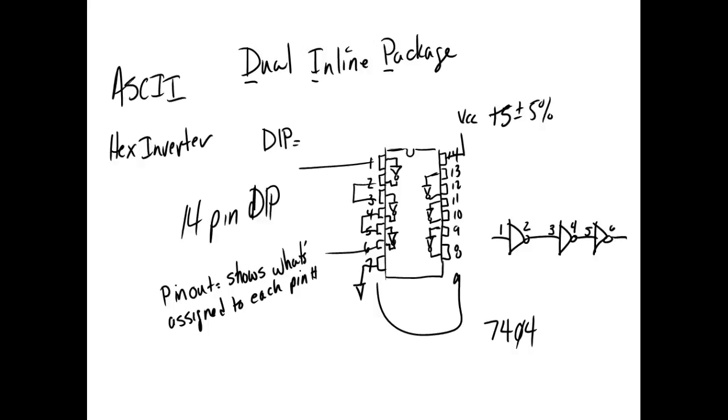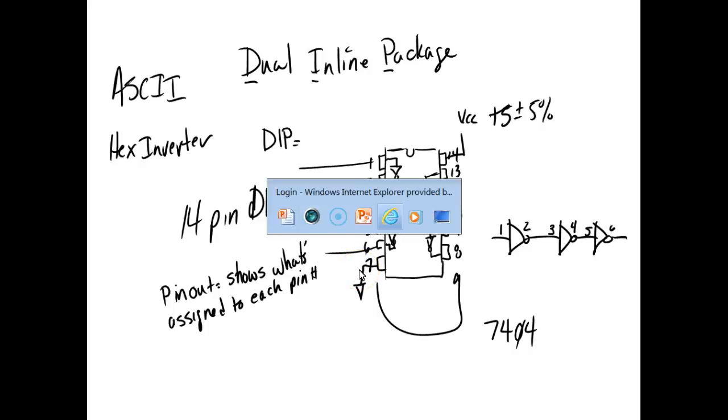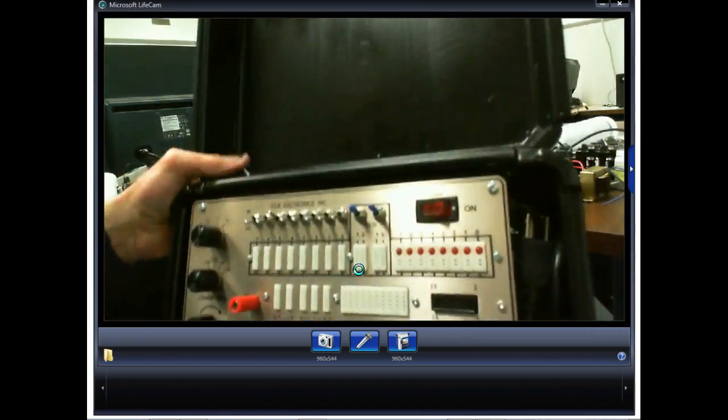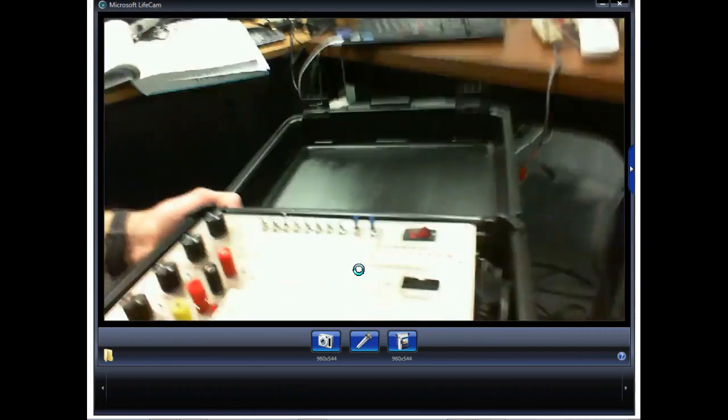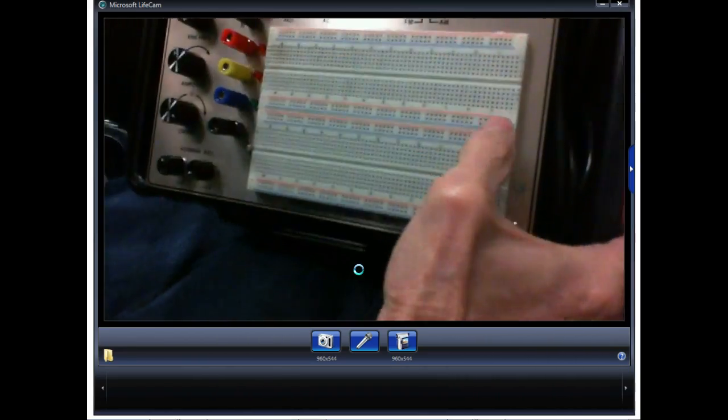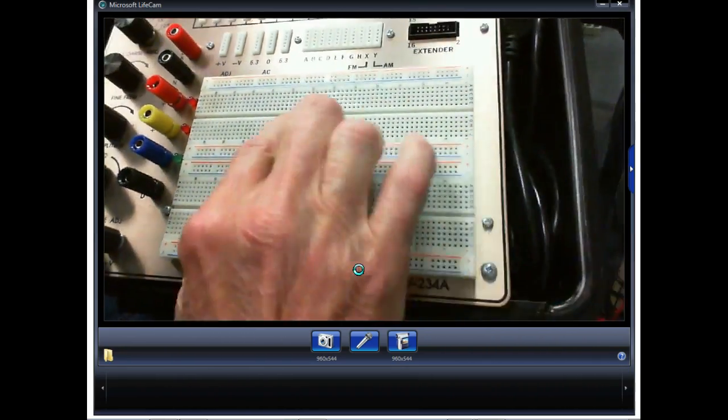The lab covers a trainer that only had digital. This is both an analog digital trainer. So here's our trainer. We call this a breadboard. There's actually 2 of them.